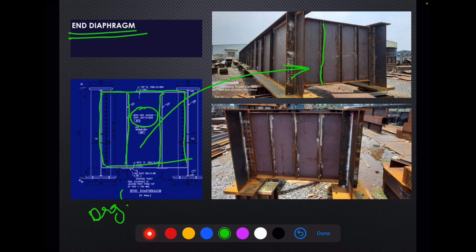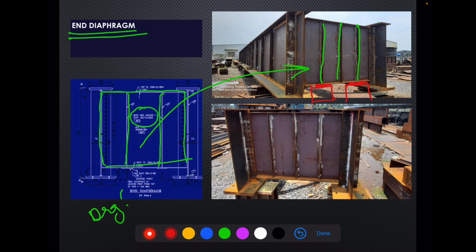The role of jacking stiffeners is that jacks can be provided just below these, so that during maintenance or other operations you can lift the girders.